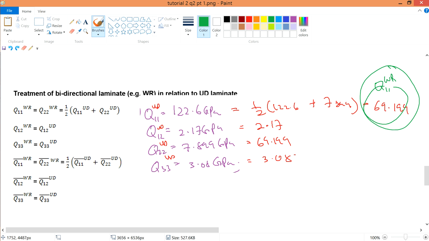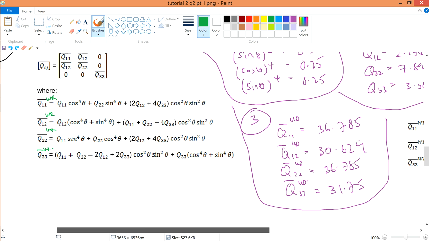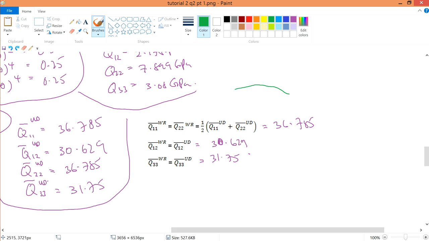Once you get this already, you apply this formula again. Instead of these formulas for Q bar UD, you will write it as Q bar WR. If you apply it into this equation, you eventually get the same answer as our answer over here.